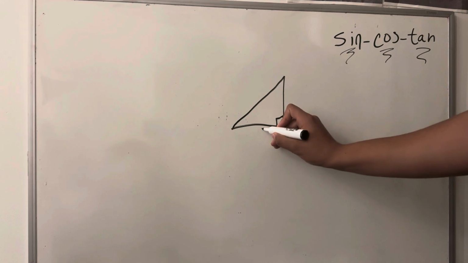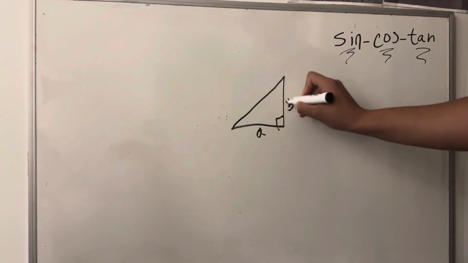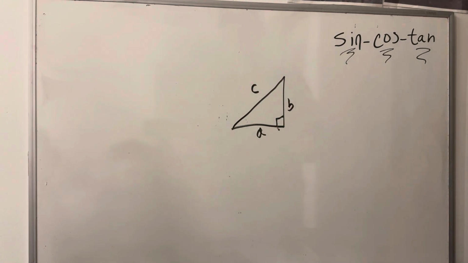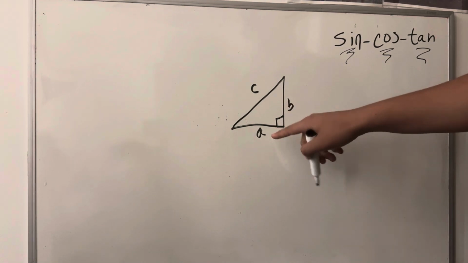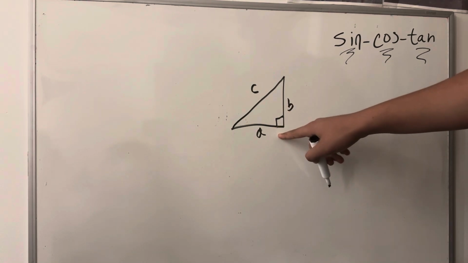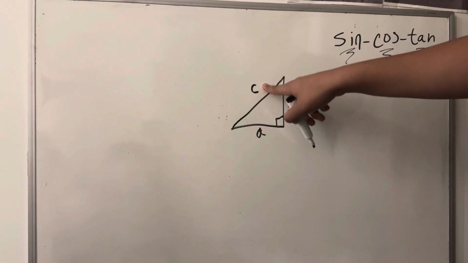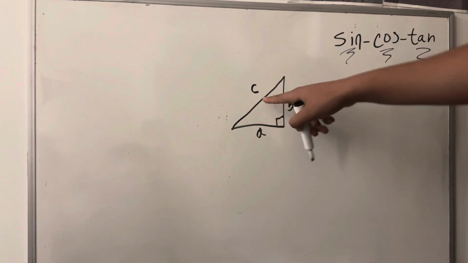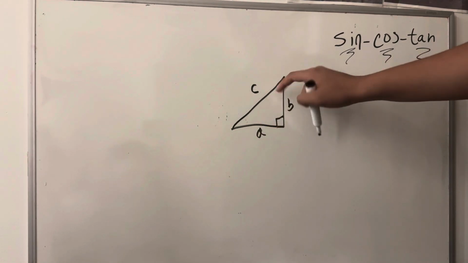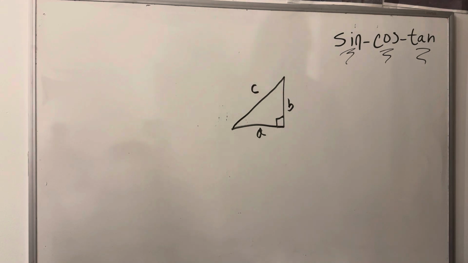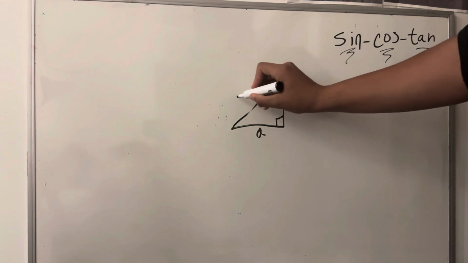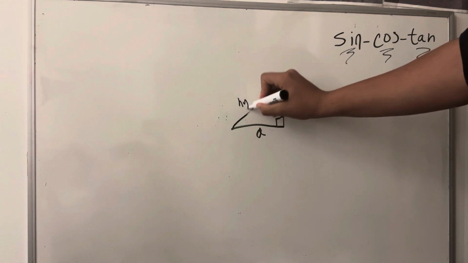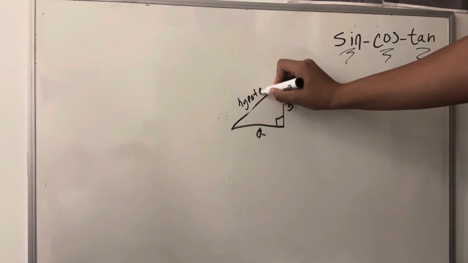It has sides A, B, and C. Now, A and B are the first two sides, and C is known as the hypotenuse. So, C is written as the hypotenuse.